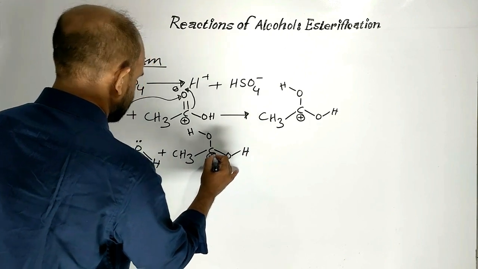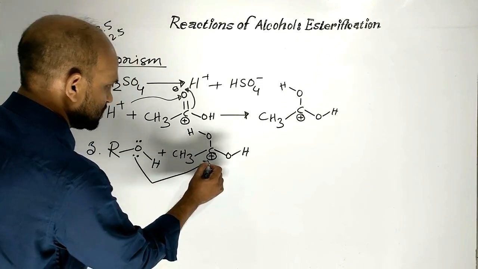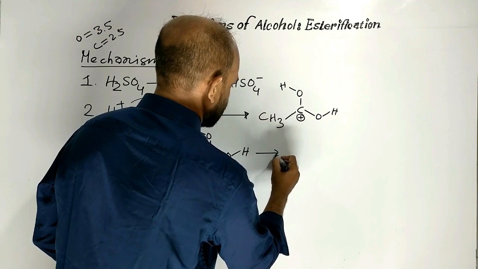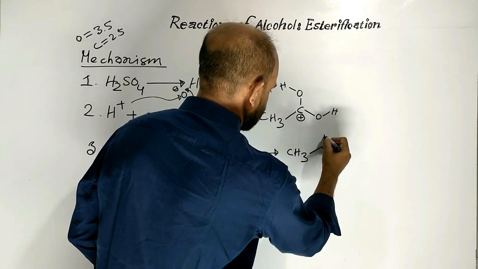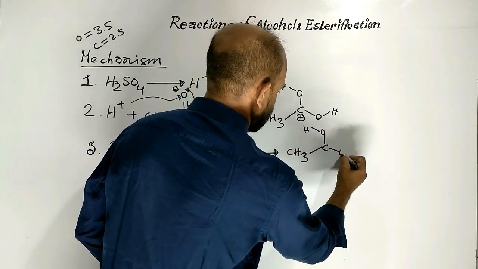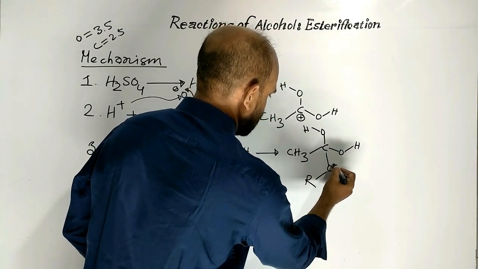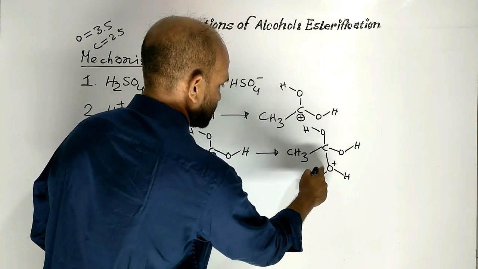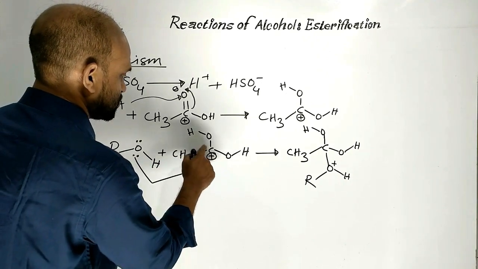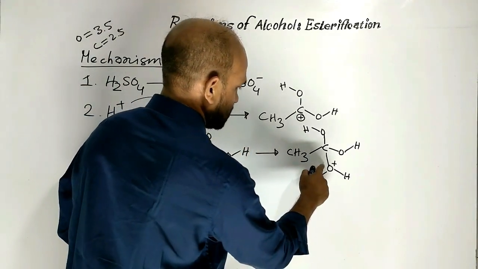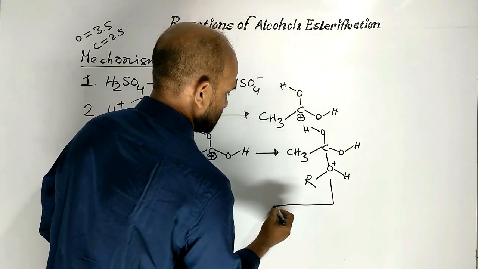Carbon is positive in charge. This oxygen forms coordinate covalent bond with this carbon to form this entity. Here, oxygen becomes positive in charge because oxygen donated its 1 pair of electrons to this carbon. That is why over oxygen there is developed positive charge.